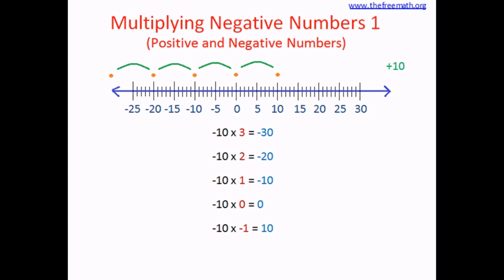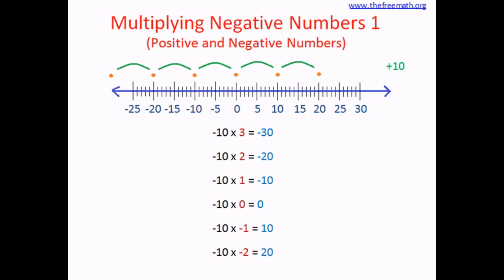That means when you multiply two negative numbers, the answer is positive. What happens if you multiply negative 10 by negative 2? You're going to move 10 steps to the right, so you'll reach here, which is positive 20 or 20. So your answer is 20. Again, you multiplied two negative numbers, negative 10 multiplied by negative 2, and the product was positive 20.